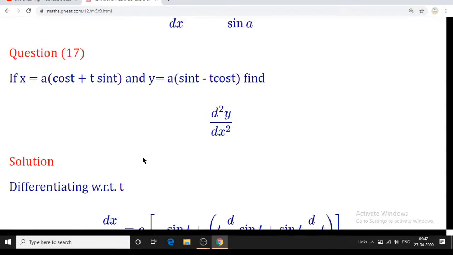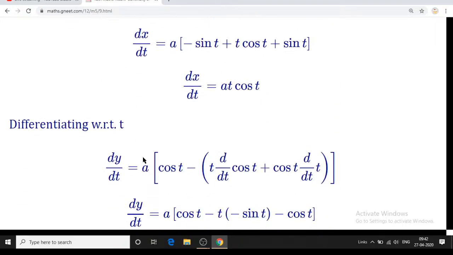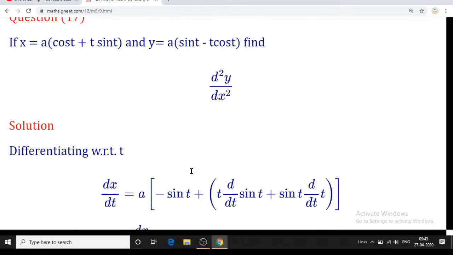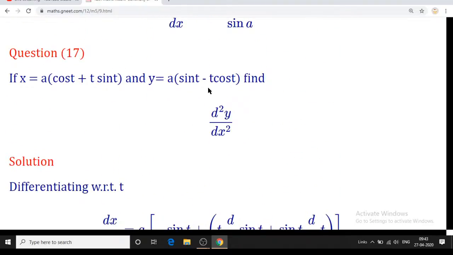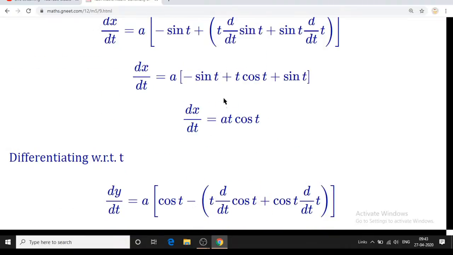Now y, what was the y? A sin t minus t cos t. Now when we differentiate, derivative of sin t is cos t, minus t cos t. Here again the product rule. T derivative of cos t plus cos t derivative of t.